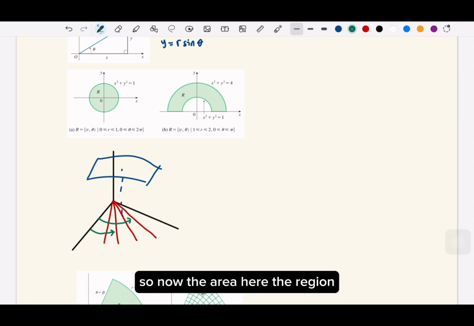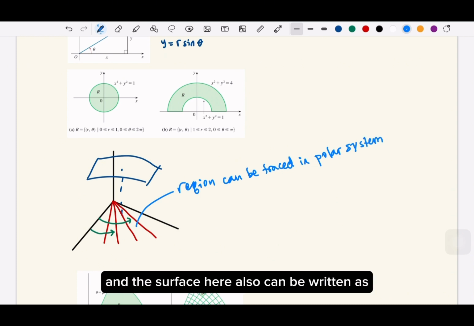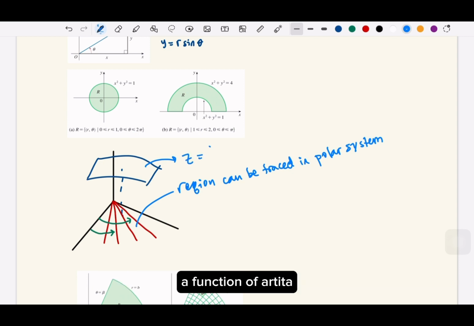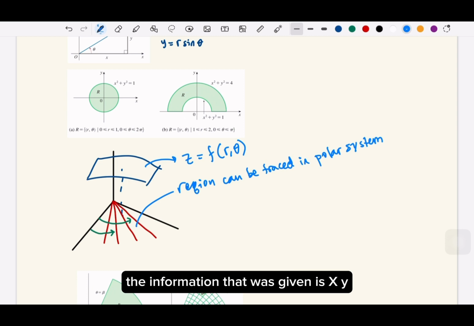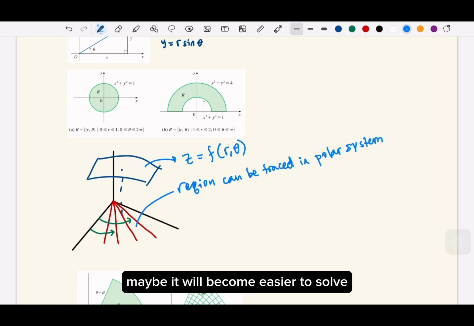Okay? So now the area here, the region, can be traced in the polar system. And the surface here can also be written as a function of r theta. So this is now our goal. Sometimes the information given is in xy, but when you change to polar, maybe it will become easier to solve. Okay?